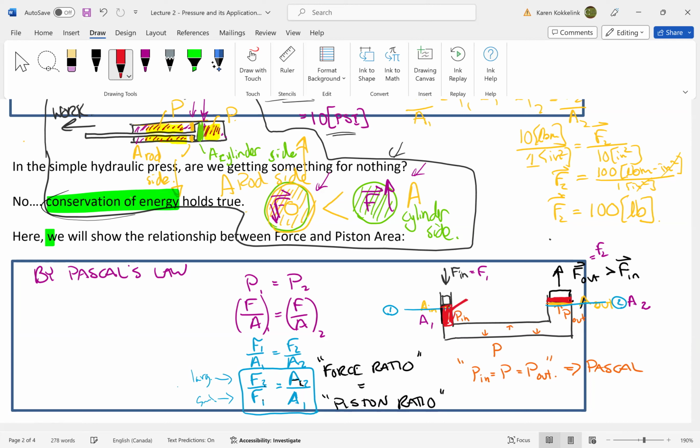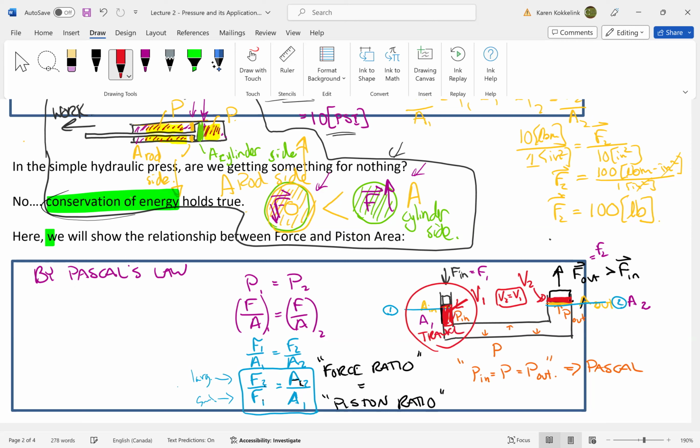So this has to displace a volume, V1, and this has to displace the same volume, V2, where V2 equals V1. But if each of these pistons has to displace the same volume, but one of them has such a big area compared to the other one, then this one must travel farther.